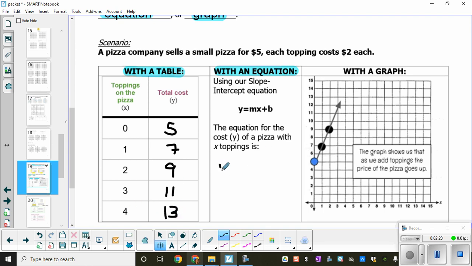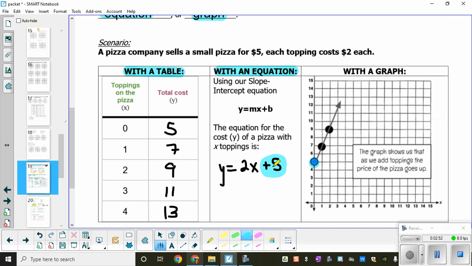For the equation, what we're saying is that it is $2 per topping, and no matter what, it's going to be $5 for the pizza. And you'll notice that the $5 is the cost of the baseline pizza, and that right here is on the graph. That's the cheapest that the pizza will be.